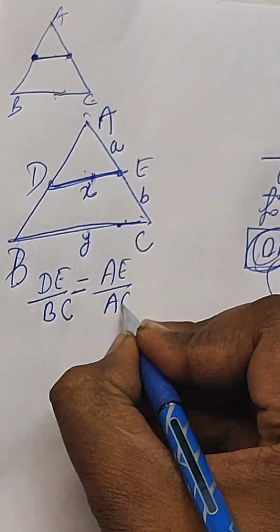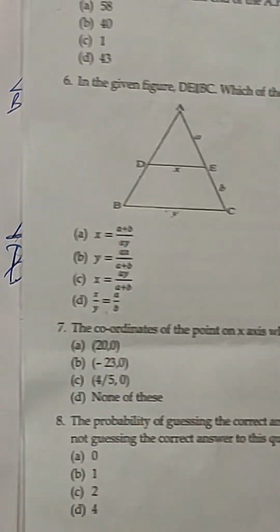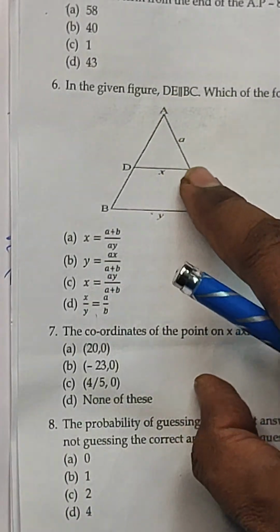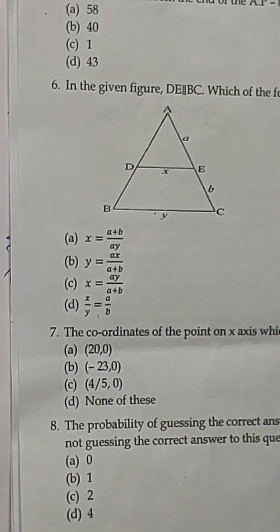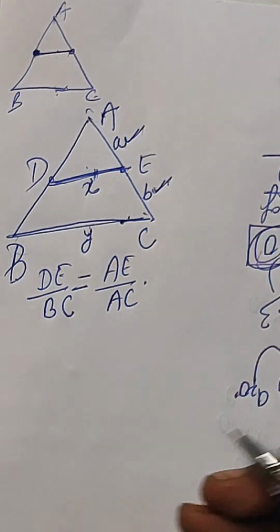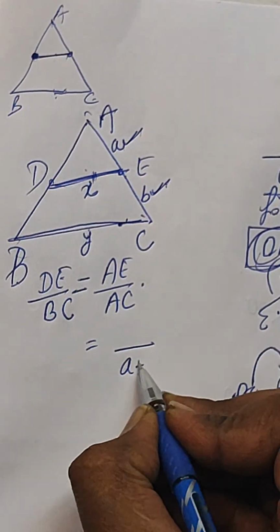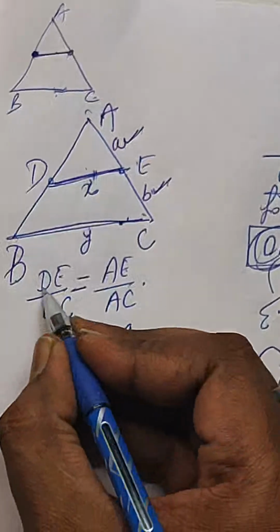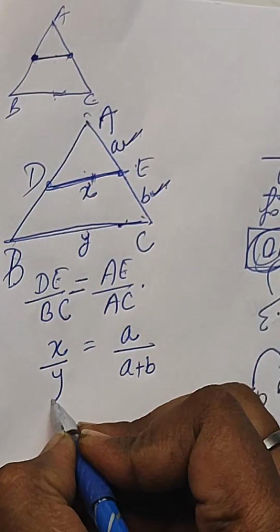You can see DE to BC will be equal to AE to AC, and AC is nothing but A plus B, right? So just write in the denominator, instead of AC, A plus B, and nothing but a small a, and DE is X and BC is Y.